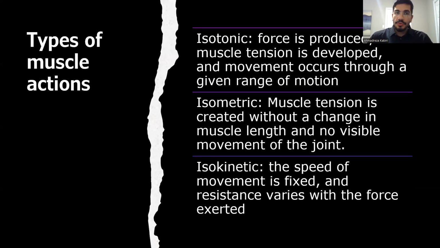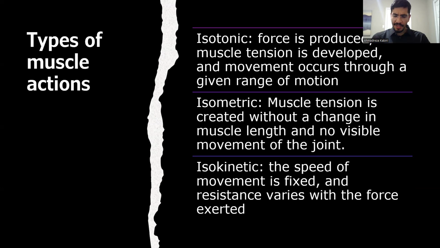Now let's introduce the different types of muscle actions. First is isotonic. In isotonic muscle action, force is produced, muscle tension is developed, and movement occurs at the given range of motion. Next is isometric muscle action.